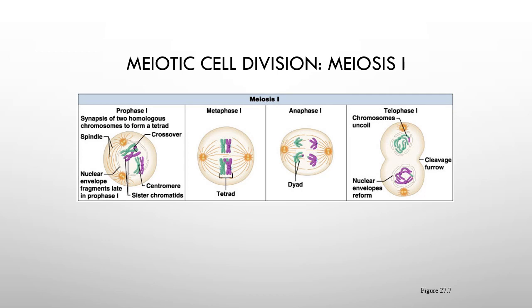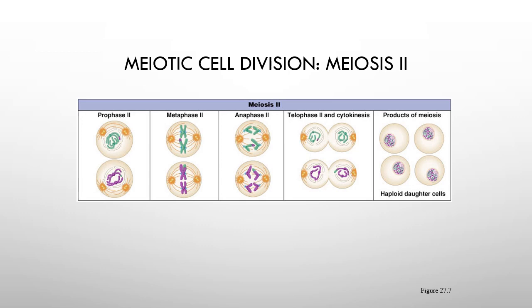We're going to go from a situation where we have a 2N cell, and we're going to duplicate that cell through our meiosis 1. We're going to take those 2N cells, divide them up, and then we're going to end up with 4 1N cells. So we're going to have half of the genetic material, 23 chromosomes, in all of our cells at that point.